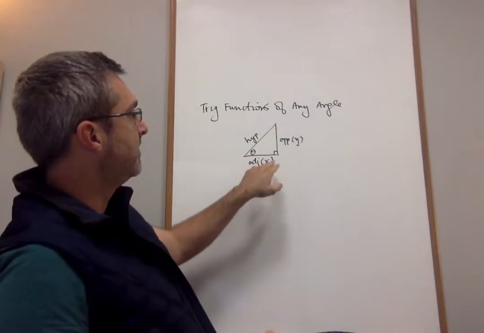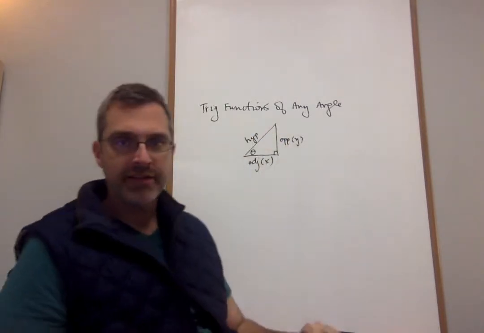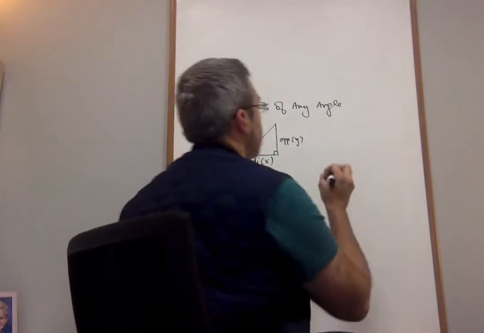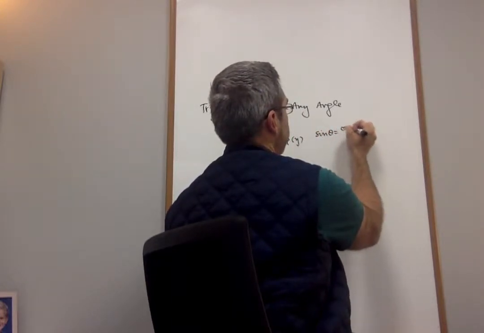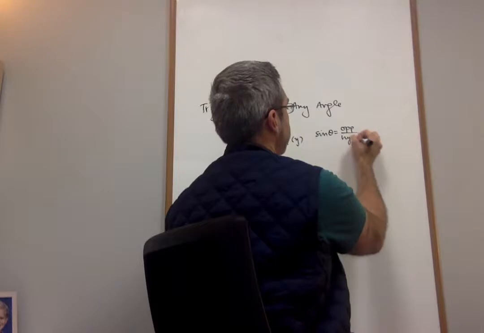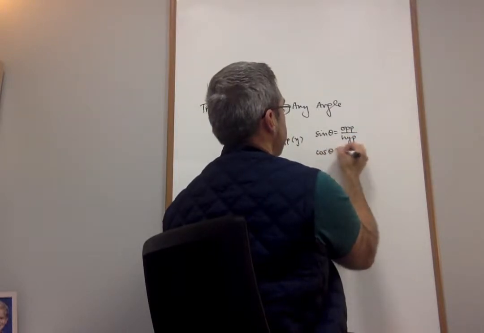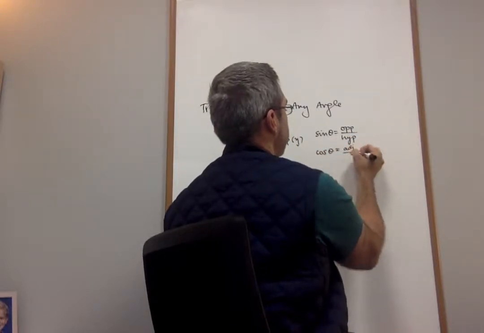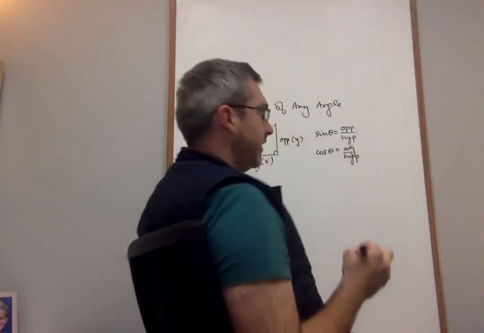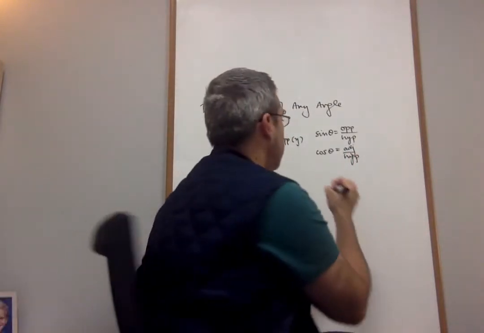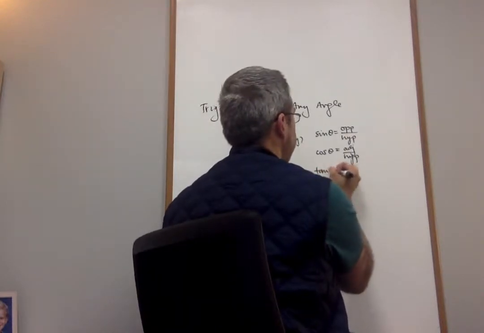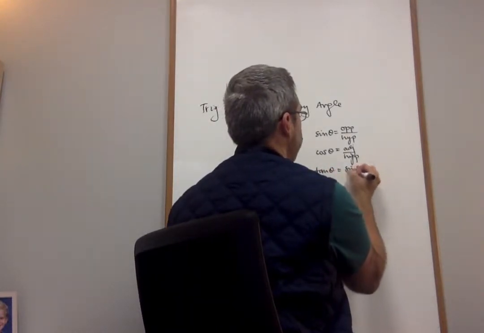These are related by x squared plus y squared equals hypotenuse squared. Sine is opposite over hypotenuse, cosine is adjacent over hypotenuse, and everything else is built out of sine and cosine. So tangent is sine over cosine.